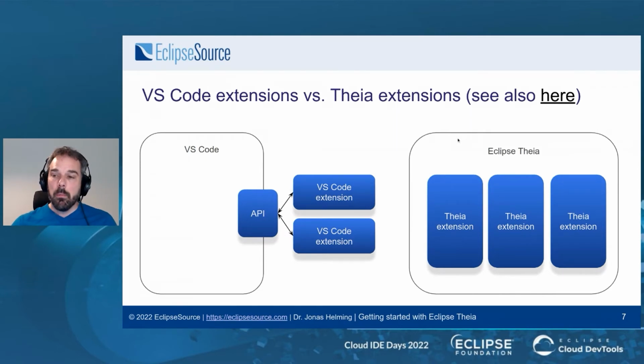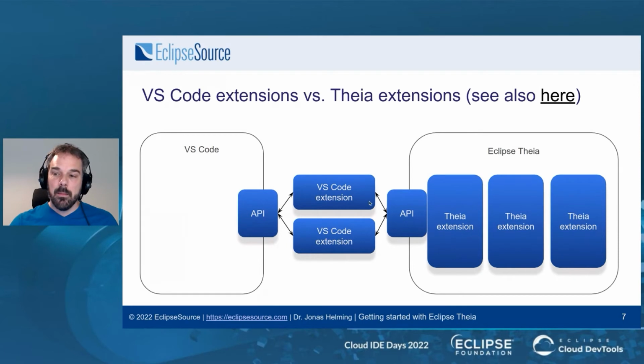And now to complete the picture, and that's why I actually added this here to the slide, Theia also supports alternatively the VS Code approach. So Theia also provides this limited API, and it does that for two reasons. One is you can reuse all the existing VS Code extensions that are out there.